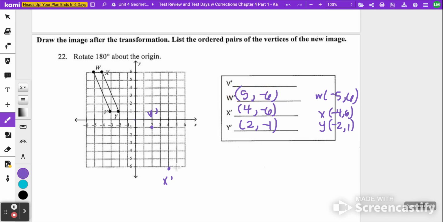Here's +5, down here is -6, W prime. And then the last one, V was at -3, 1, so just change everything to its opposite, +3, -1. Here would be V prime. As you connect your points, you should notice it's the same shape, it's just been rotated 180 degrees around the origin.